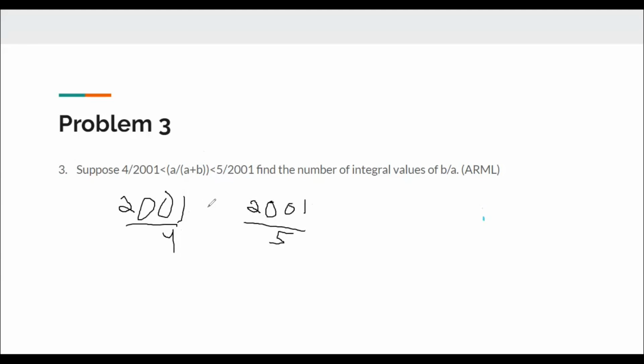And then in the middle, you're going to have b plus a over a, and this is equal to 1 plus b over a. But since the sign gets flipped, it's going to be 1 plus b over a in the middle, like that.